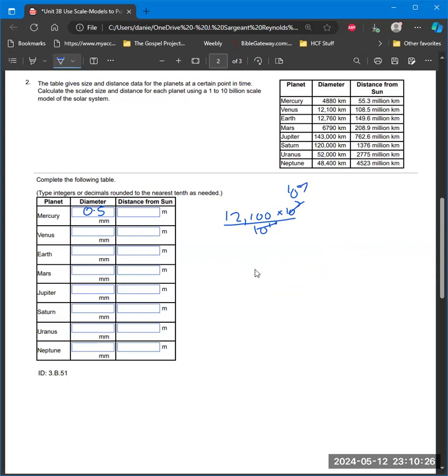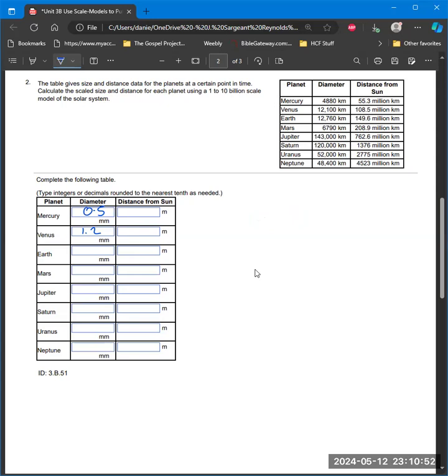And again, we're going to move back 4 places to get to millimeters. So that's going to be 1.2. And you get the idea that if I move the decimal point 3 places, 4 places back, I'm going to get what I want here.